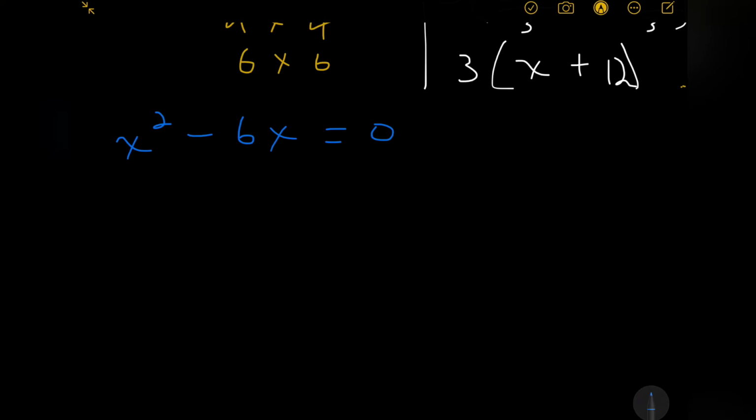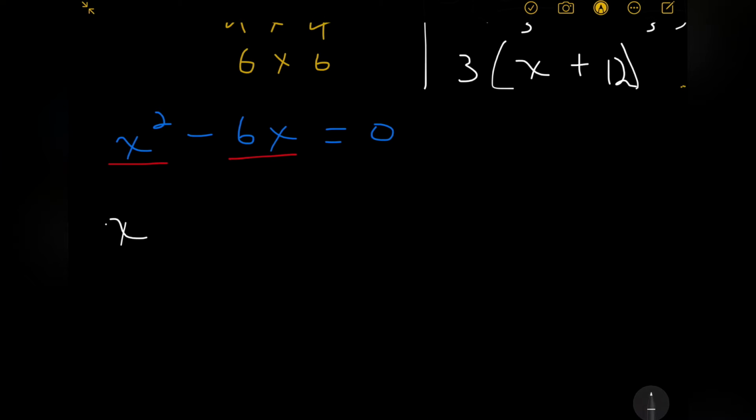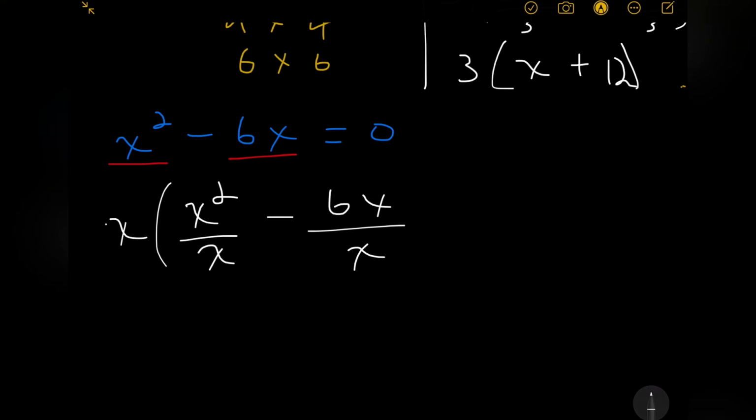What we want to do in a case like this is factor out what is common in them. By looking at both expressions, we can see that x is common in both. So we are going to factor out the x. So when we factor out the x, we will have the x on the outside with an open bracket, x squared over x minus 6x over x.